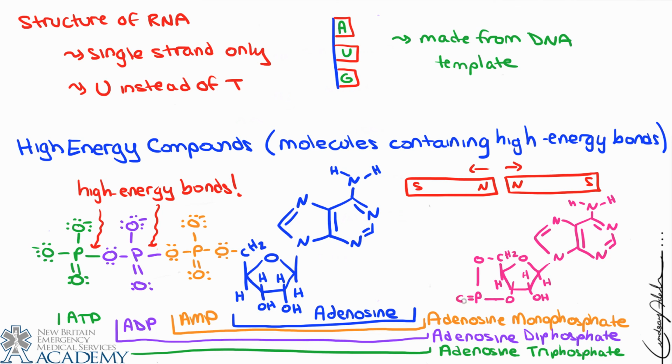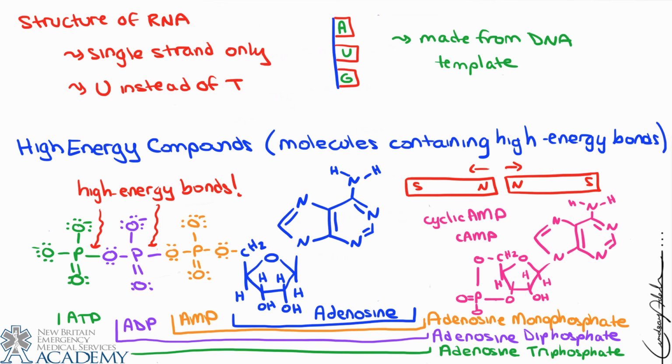And so this is called cyclic AMP, or cAMP, or cyclic adenosine monophosphate. And it's really not classified like a high energy bond, but it is something that we're going to discuss very frequently.